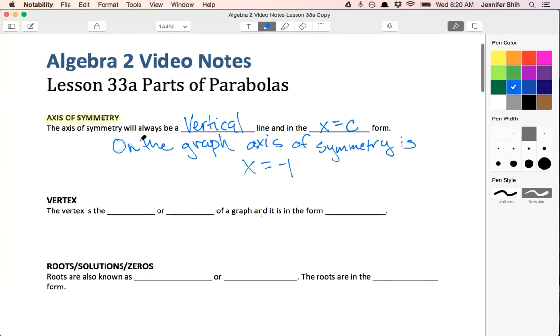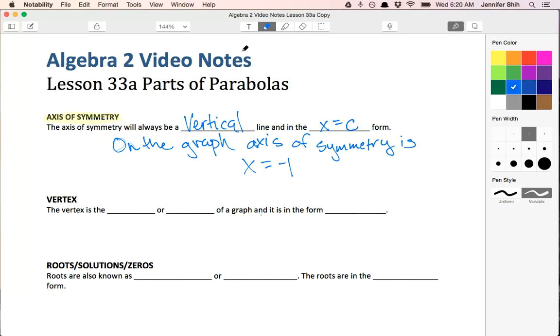Okay, the vertex. All of these parts are super crucial in parabolas, especially the vertex. I don't want to pick a favorite, but the vertex tells us a lot of information. The vertex is the maximum or the minimum of the graph, and it is in the form of some kind of point or coordinate on the graph. So if I ask you for the vertex, you're going to read an xy point off the graph.